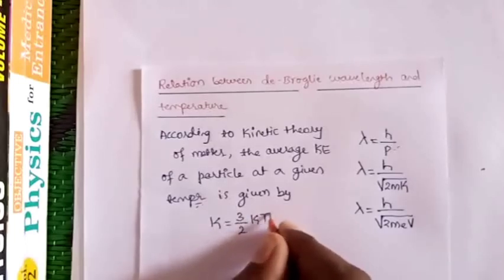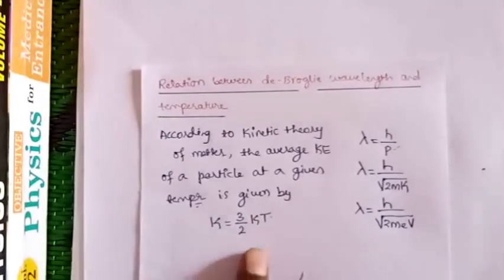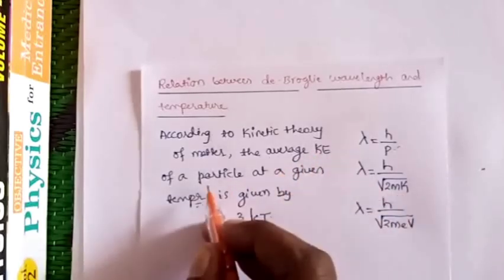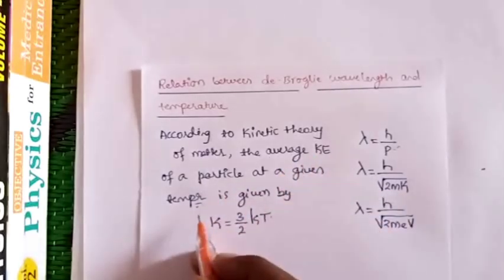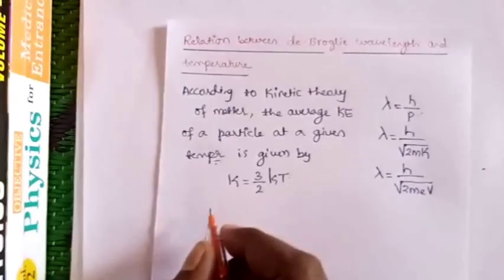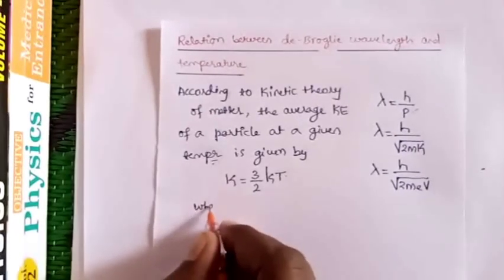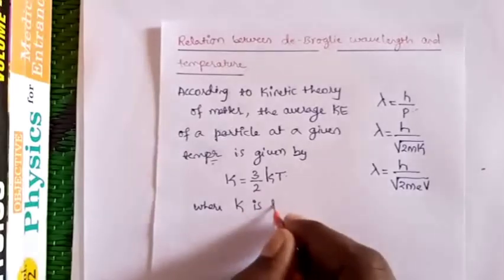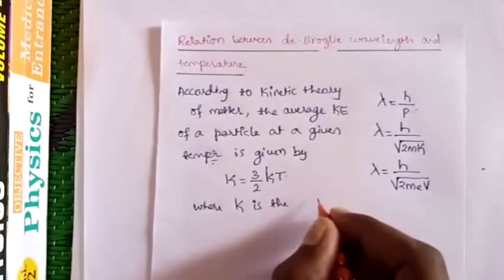K into T. Then what is K? It is capital K. Capital K is nothing but the average kinetic energy of the particle at the given temperature. And what is small k here? Small k is nothing but Boltzmann constant.